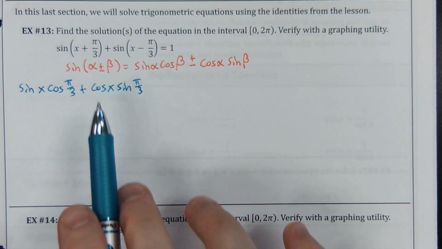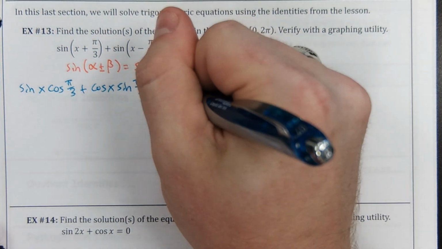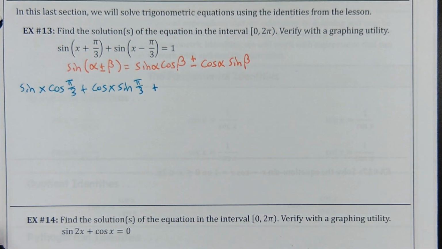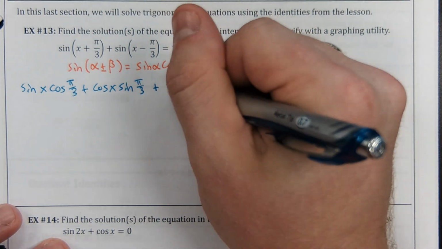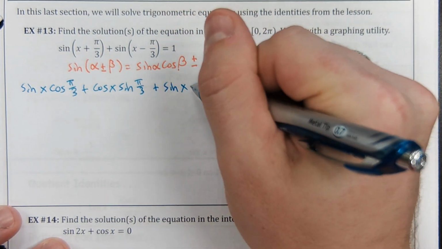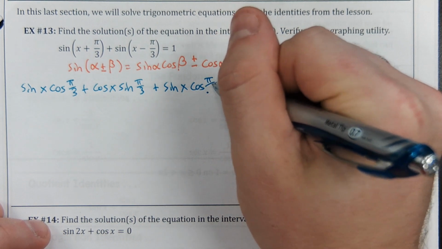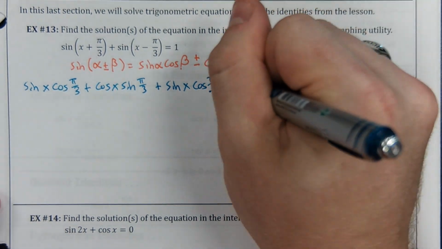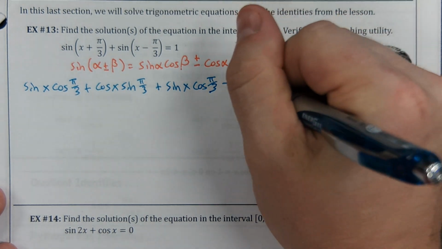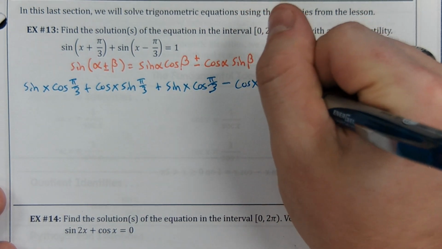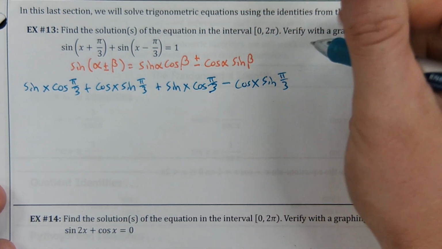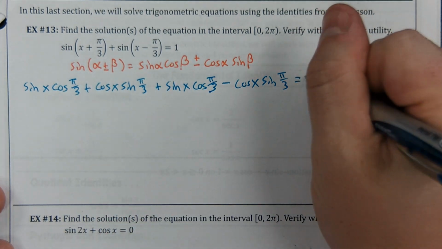So that's the first one. Now the second one is the difference identity. Sine x cosine pi over 3, same symbol, minus cosine x sine of pi over 3. And this equation is still set equal to 1.